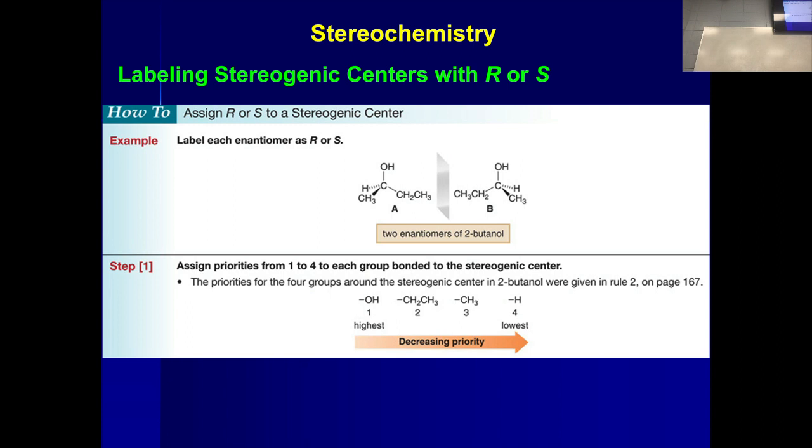Okay, so in the plane of the board is going to be my OH and my other carbons. Those are in the plane of the board. This is in the plane of the board. All of this is in the plane of the board, okay?